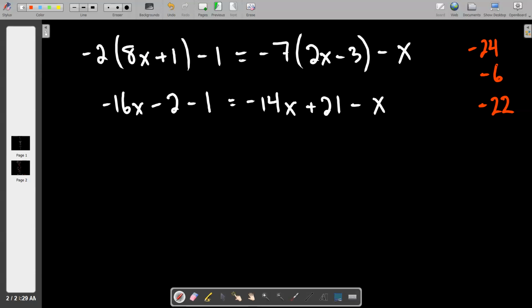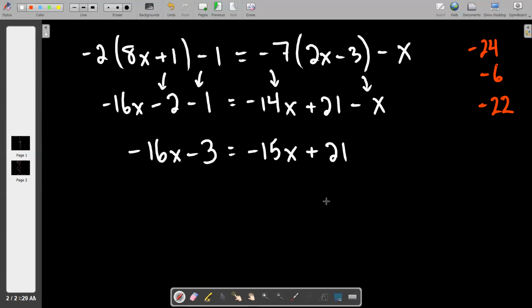I am now in the combining like terms step. On the left side, my like terms are the ones that don't have x's. So I'm going to put them together to make a -3. And then on the right side, my like terms are the ones that do have x's. There's -14 and -1 more for a net total of -15x.